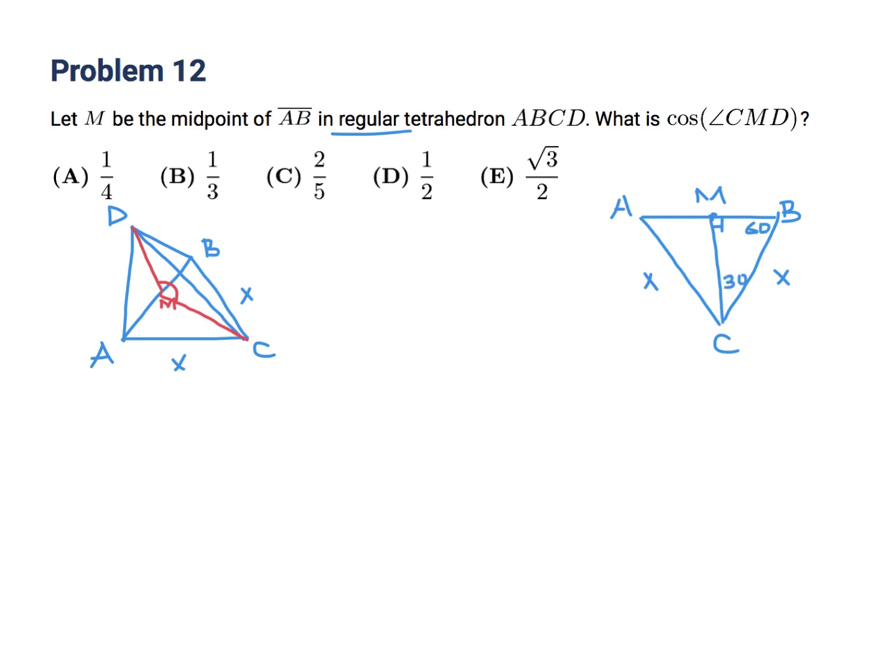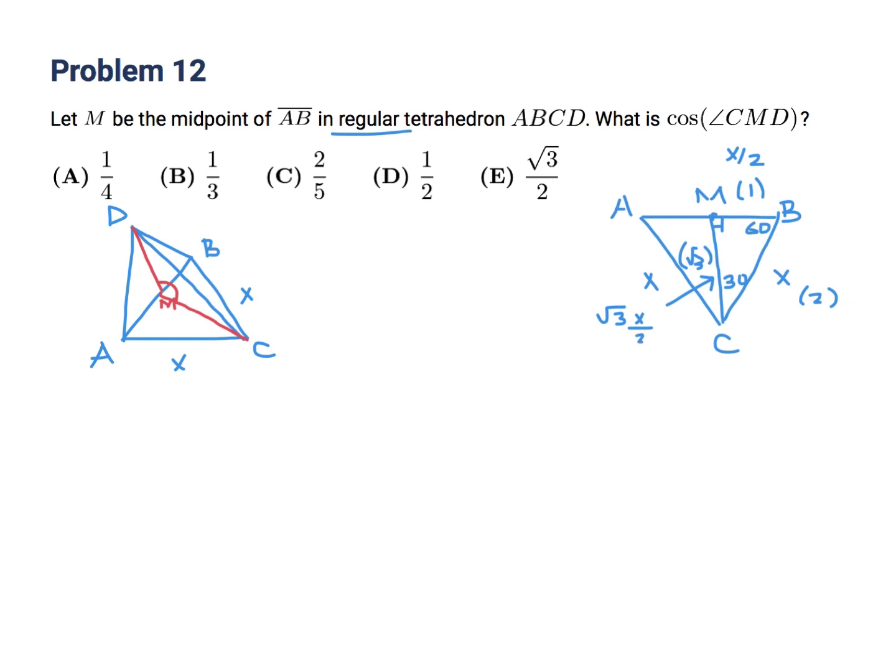So just based on the whole 30, 60, 90 triangle thing, which everybody knows, the ratio of the sides are 2, 1, and root 3. So that means if one side is x, this side is x over 2, and this side is root 3 times x over 2. Okay, so that helps.